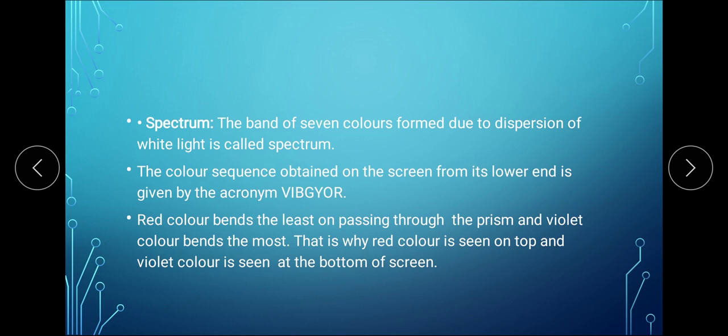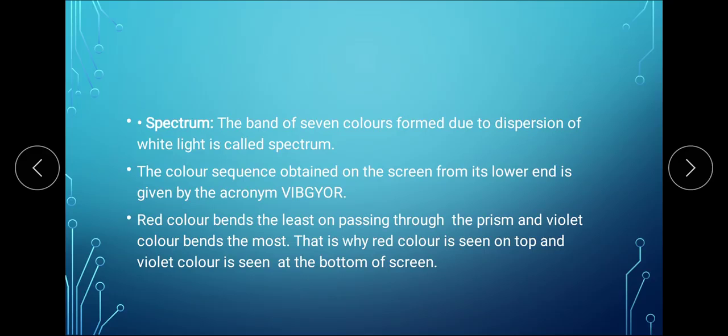So, WIBGYOR is the spectrum of white light, which is formed on the other side of the prism when white light passes through it due to dispersion, where V stands for violet, I stands for indigo, B for blue, G for green, Y stands for yellow, O for orange and R for red.